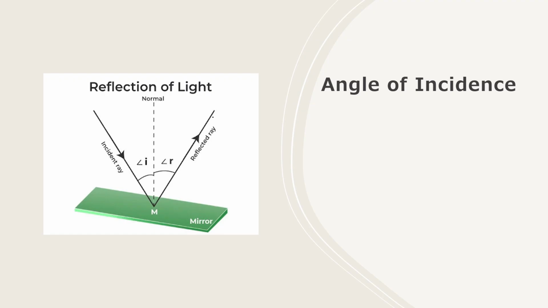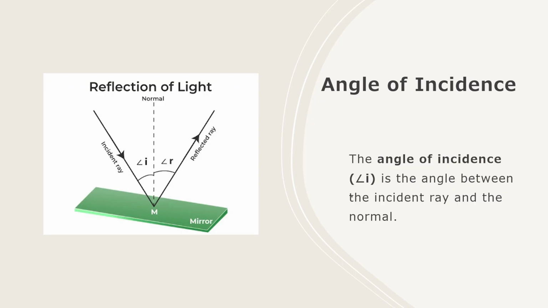Then angle of incidence. It is denoted by angle I. It is the angle between the incident ray and the normal. Here in the diagram you can see this dotted line indicates the normal and this solid line indicates the incident ray. The angle between these two, normal and the incident ray, is called angle of incidence.